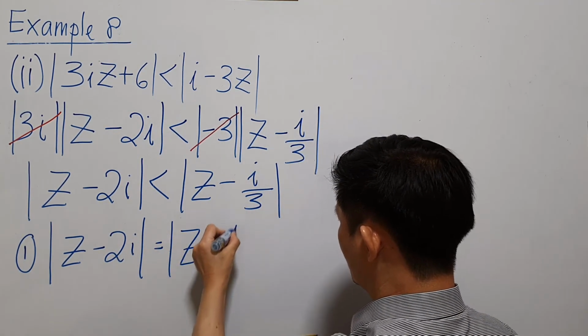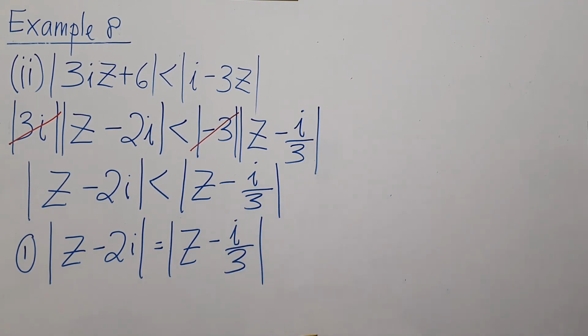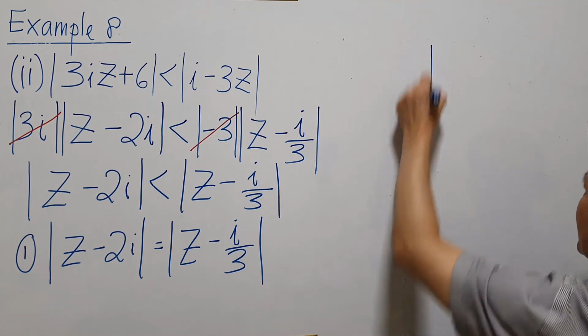If this is equal, then you recall that this one looks like one of the standard loci you've seen earlier. This represents the perpendicular bisector between the 2 points, namely 2i and 1/3. So let's draw this.